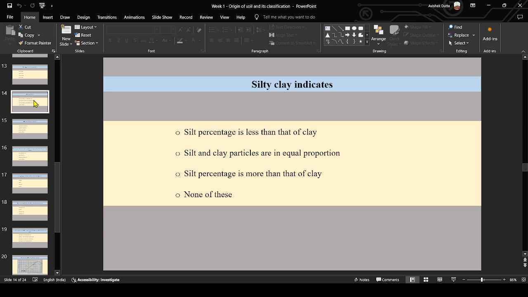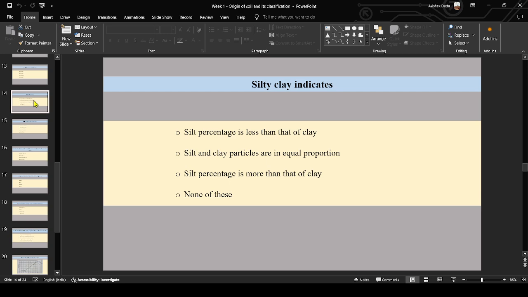The next question is, silty clay indicates. The first option is silt percentage is less than that of clay. Second option, silt and clay particles are in equal proportion.